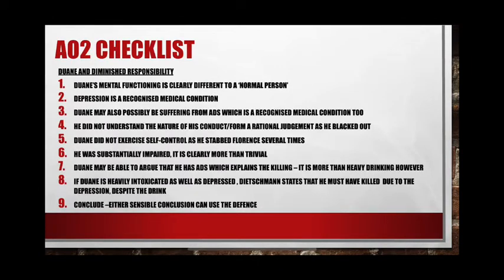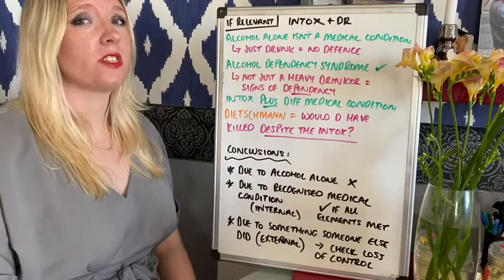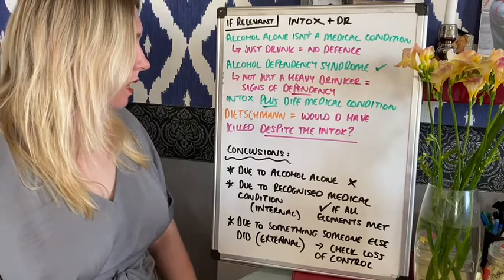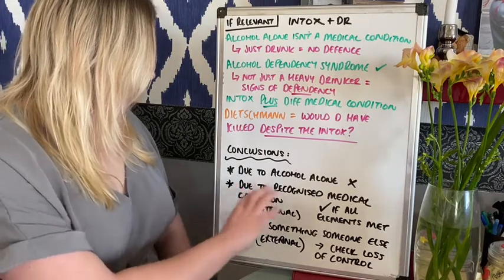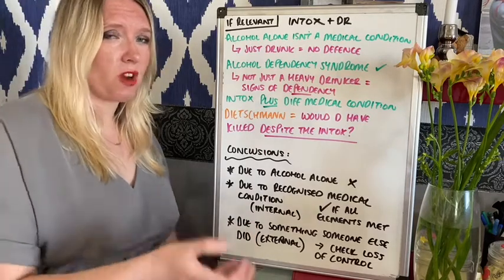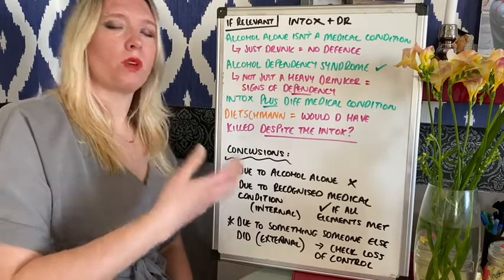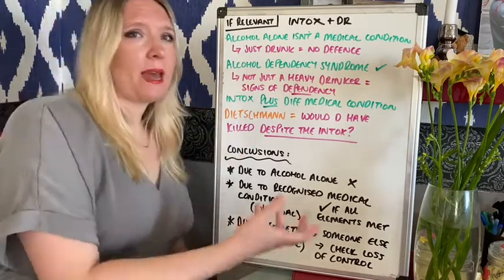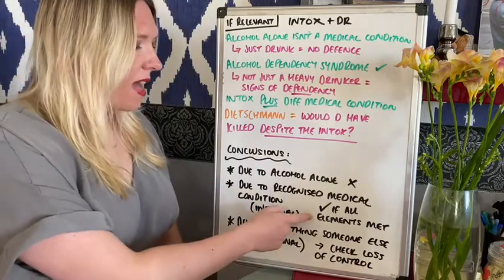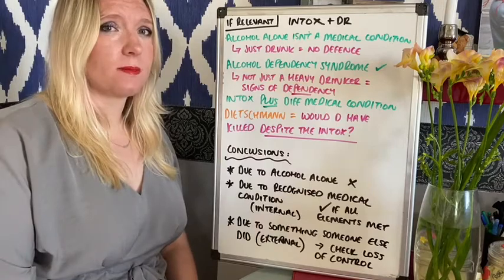So if you've gone through and you believe that they were substantially impaired, they had an abnormality of mental functioning, if it was just due to alcohol, then there is no defence of diminished responsibility. If, however, we believe it was due to a recognised medical condition, something internal, depression, post-traumatic stress disorder, alcohol dependency syndrome, postnatal depression, epilepsy, things like that, then assuming all of the elements on the previous board are met, they can use the defence.